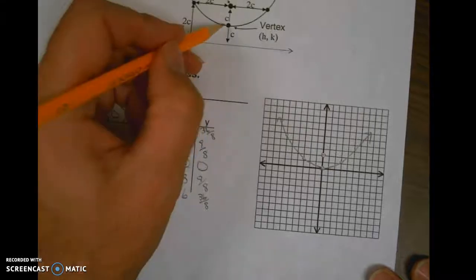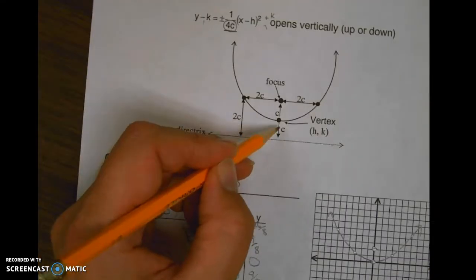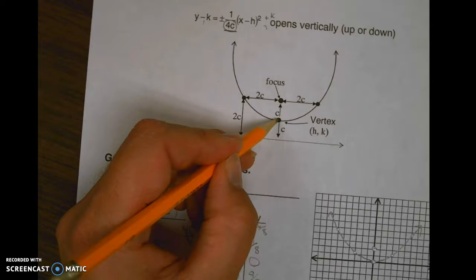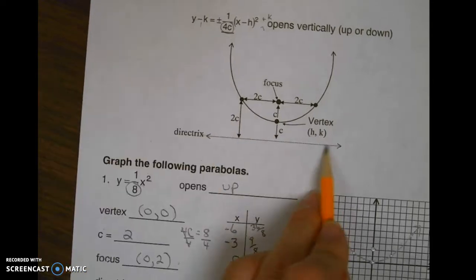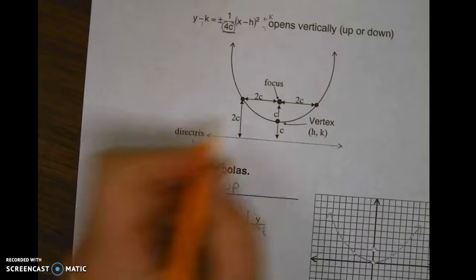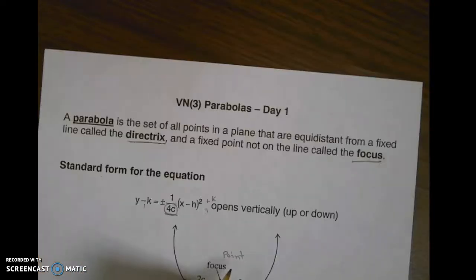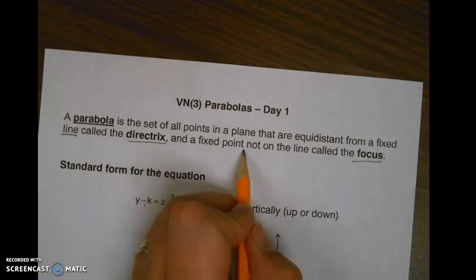And then to find the directrix, we just go the opposite direction, outside of the parabola, outside 2 units, and then the directrix is a line. Okay, the focus is a point. It's right here in the definitions. Line, point.